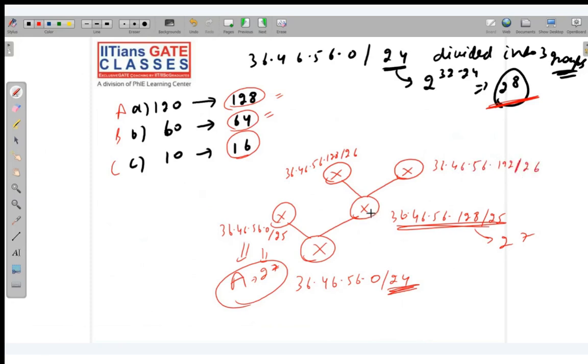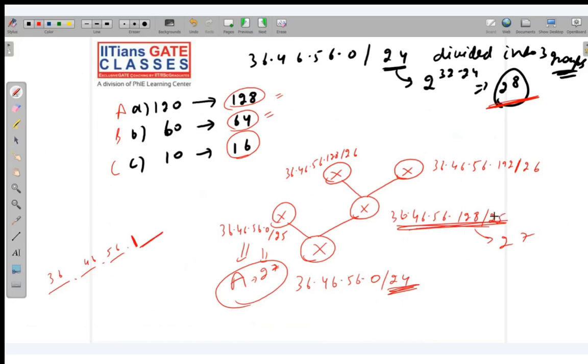Please let me know if you have any doubt. Facing any difficulty? Let me explain. See these 4 octets. First octet 36 copy paste, second octet copy paste, third octet copy paste, fourth octet one bit you have already borrowed, and you have put 1 here. That's why you got 128/25.